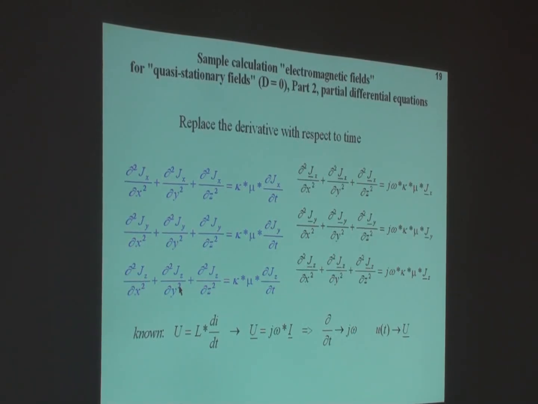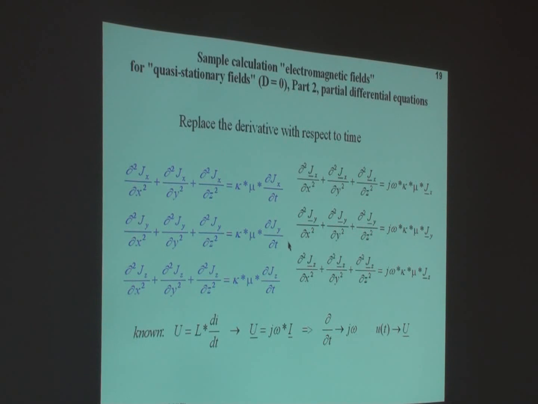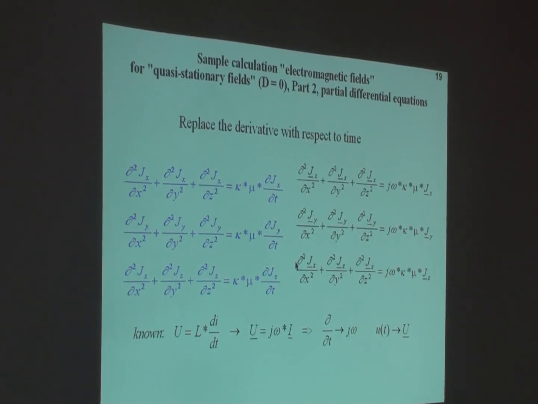The time dependence here goes to j omega. From u equals L di/dt, you say U complex is j omega L times I. And so we do the same with the current density.